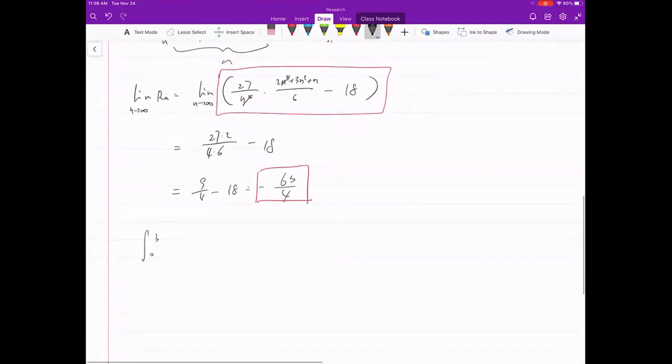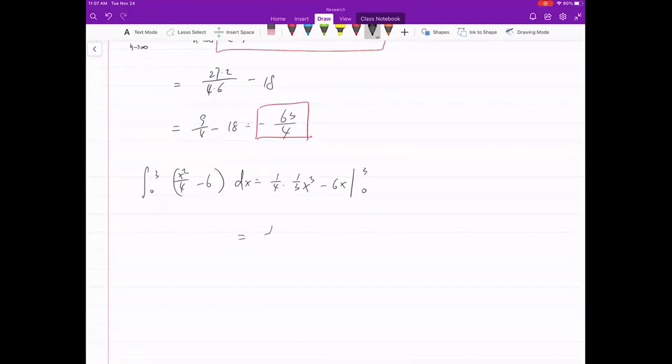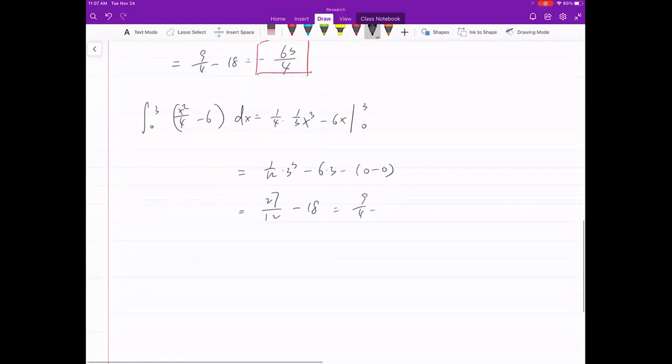We want to do it again to show you the supreme performance of the fundamental theorem of calculus. That is, just plug in the ending points after you have found the antiderivative. So which is 27 over 12 minus 18, which is 9 over 4 minus 18, which is negative 63 over 4. So again, this is way better than Riemann sum.